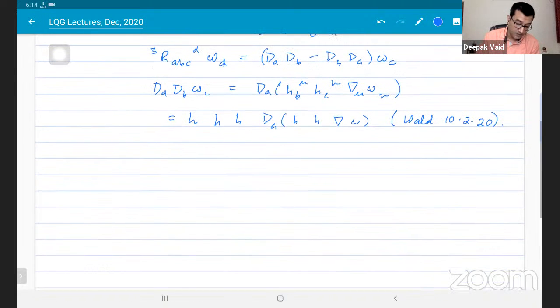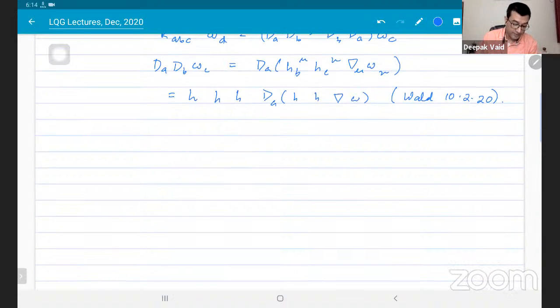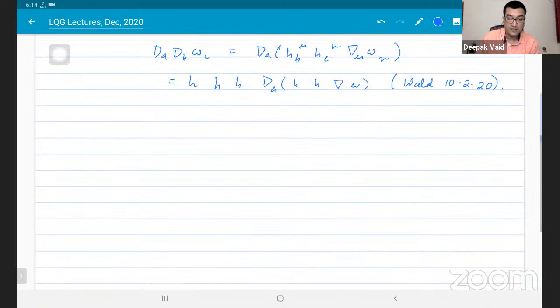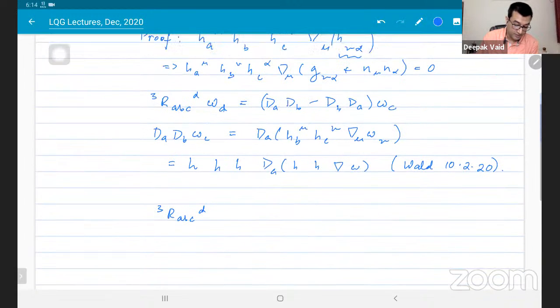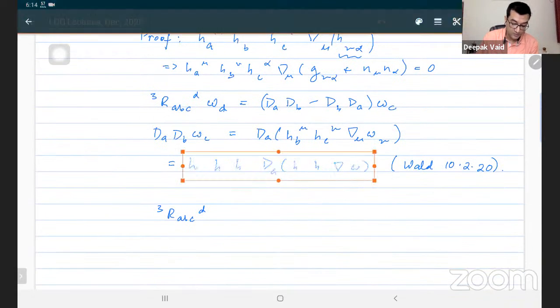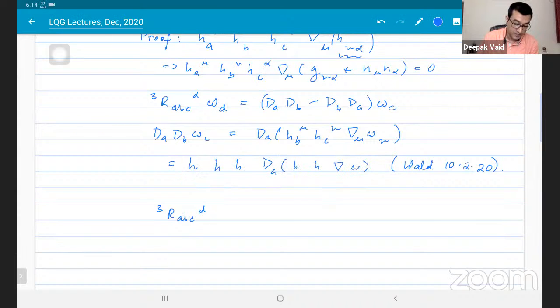Anyway, you do this and work through a lot of tedious algebra, and what you find is ultimately these 2 equations. One equation is R_ABCD. You get some complicated expression, then you anti-symmetrize over the A, B indices, then you subtract, and lots of things cancel out.